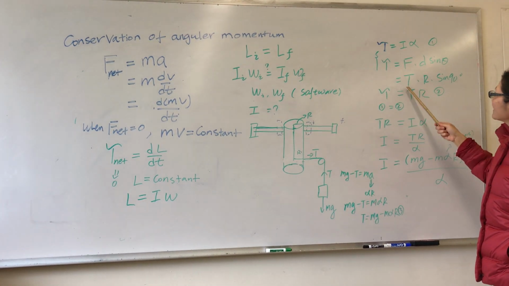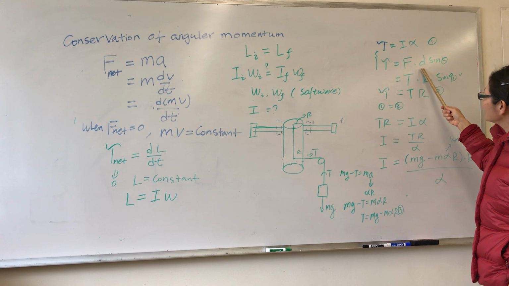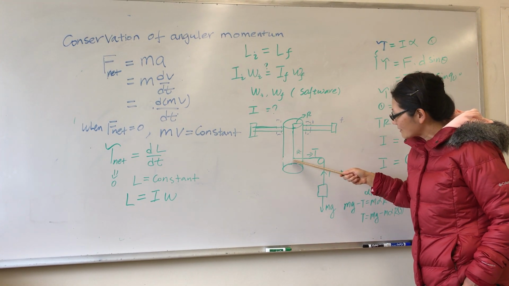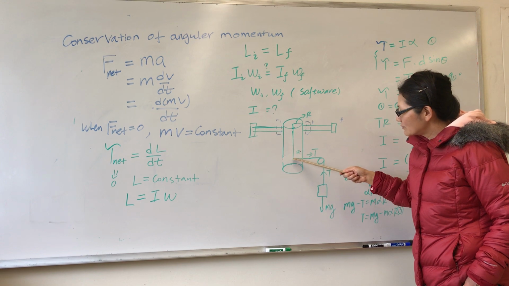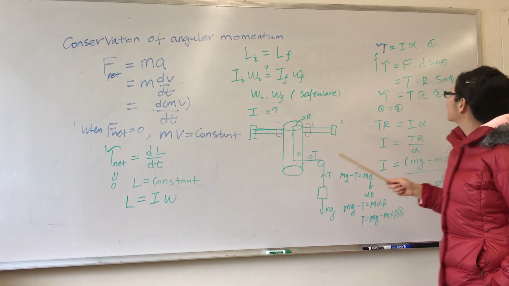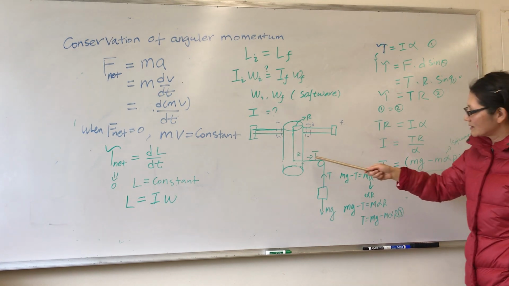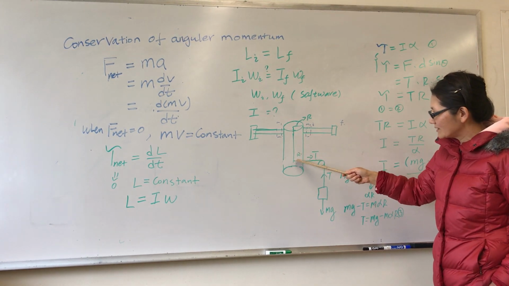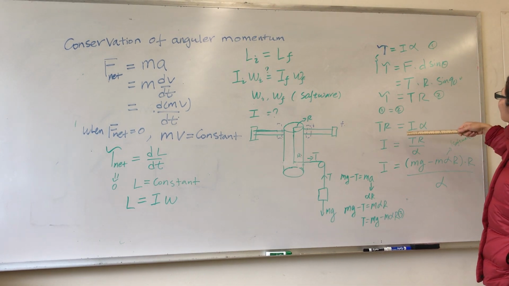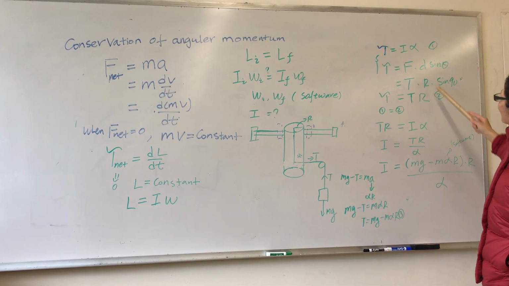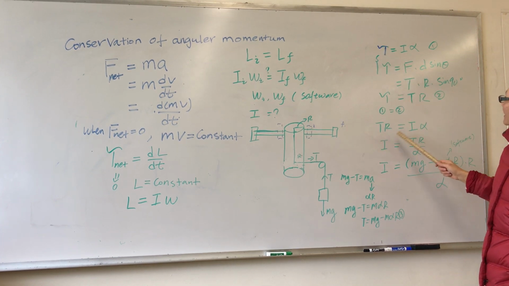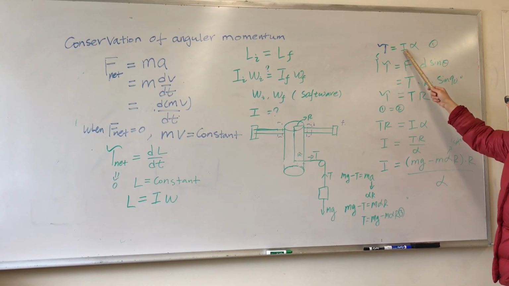So the force is the tension. D is the distance from the applied force to the axis of rotation, which is R, the radius of this vertical shaft. The angle between R and T is 90 degrees, so sine 90 equals 1. This is equation 1, this is equation 2. Since they calculate the same torque, they are equal.